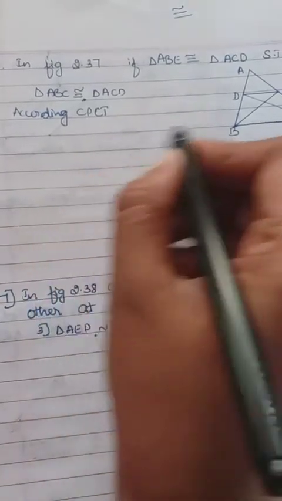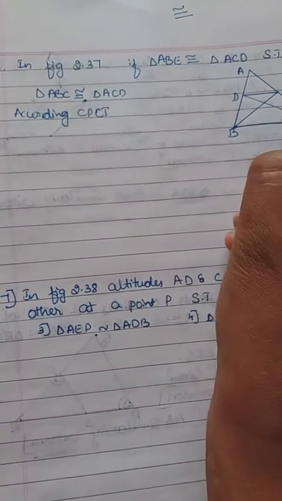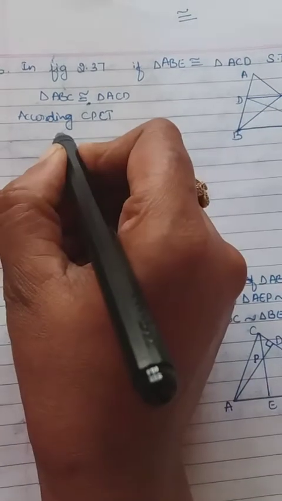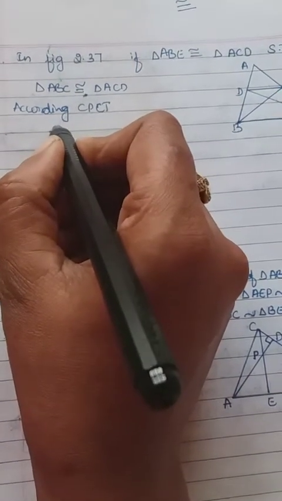We can write angle ABC equal to angle ACB, because of the isosceles triangle theorem.